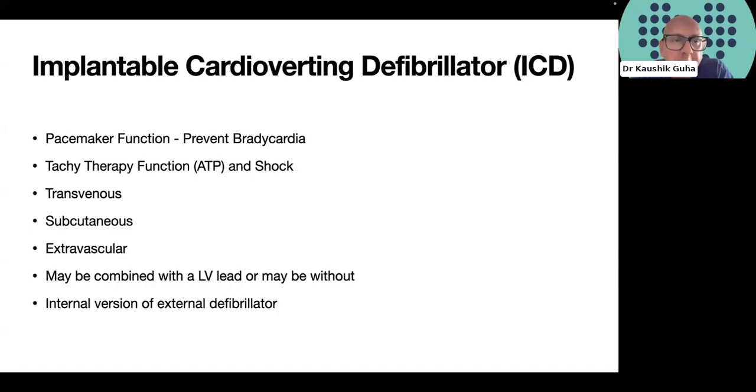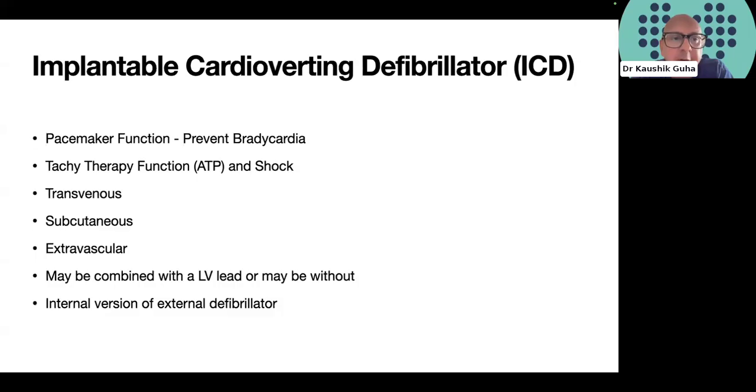One is a pacemaker function to prevent bradycardia and therefore the heart going slow. The second, which is pertinent to fast rhythms such as ventricular tachycardia and ventricular fibrillation, is the need to address these rhythms initially with very rapid pacing, which is anti-tachycardia pacing or ATP, and finally a shock.